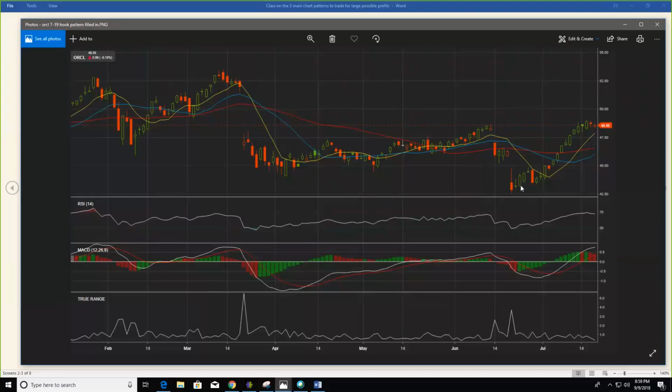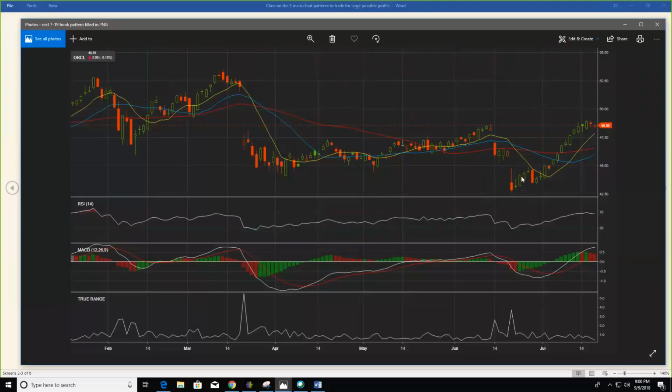We probably wouldn't have entered earlier. We would have entered on the third day after the drop, and then our target is halfway from the drop to the base. So we're looking right around here as a target. If you entered on the third day after the drop, the duration of this trade was about 8 or 9 days.